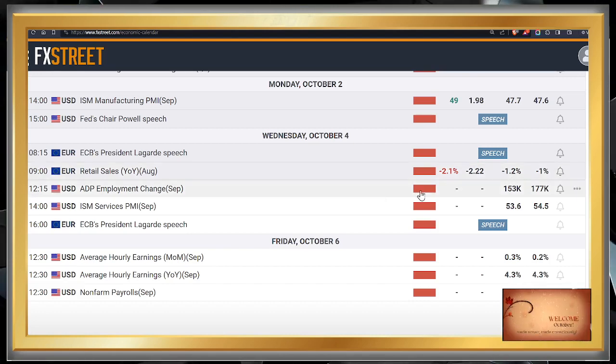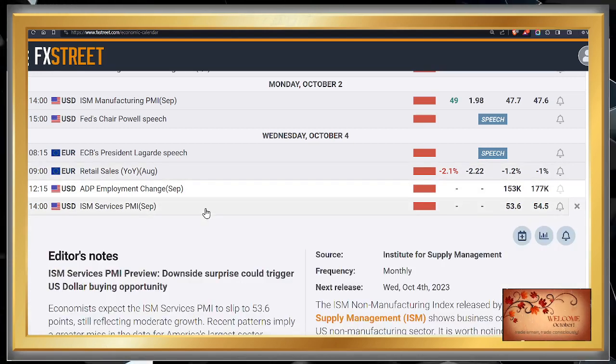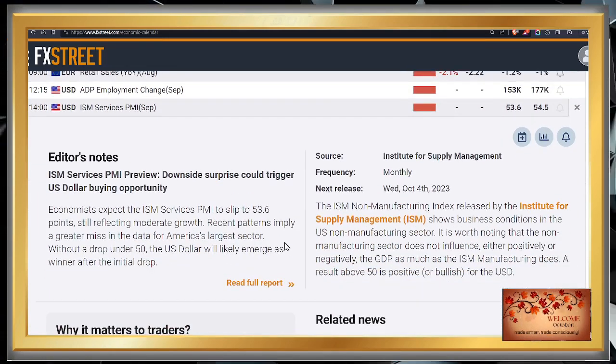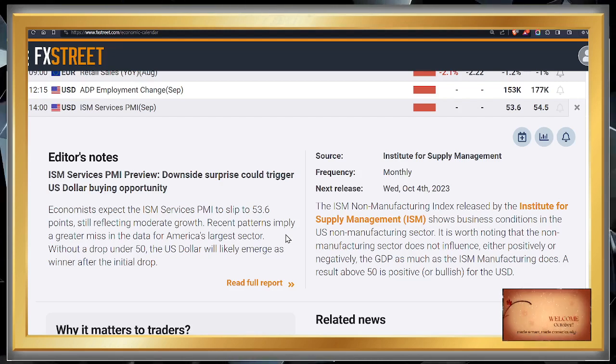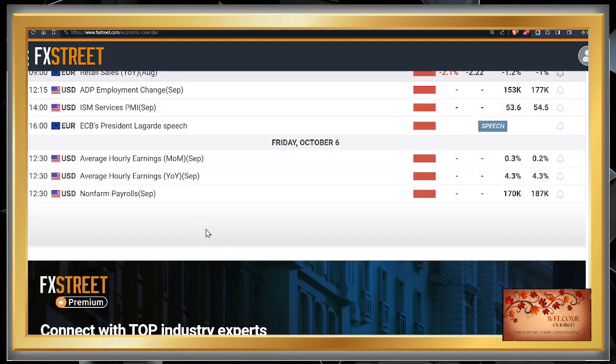Then 2 hours after the ADP employment change is the ISM Services PMI, also from the United States. The ISM Non-Manufacturing Index is released by the Institute for Supply Management, and it shows business conditions in the US non-manufacturing sector. It is worth noting that the non-manufacturing sector does not influence either positively or negatively the GDP as much as the ISM manufacturing does, and of course a result above 50 is considered as positive and bullish for the US dollar.